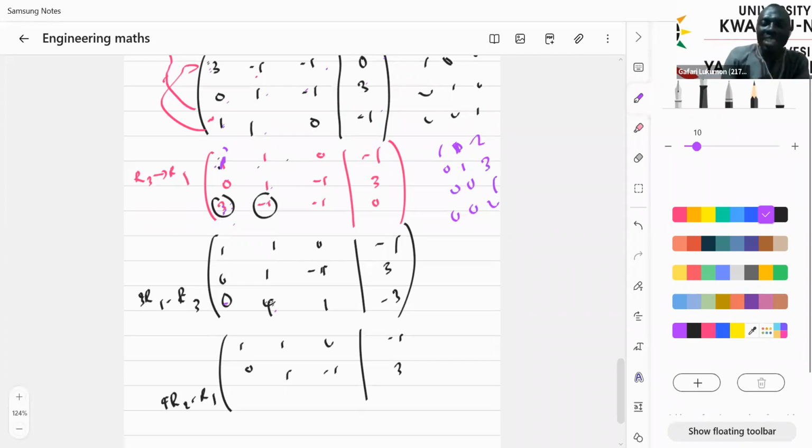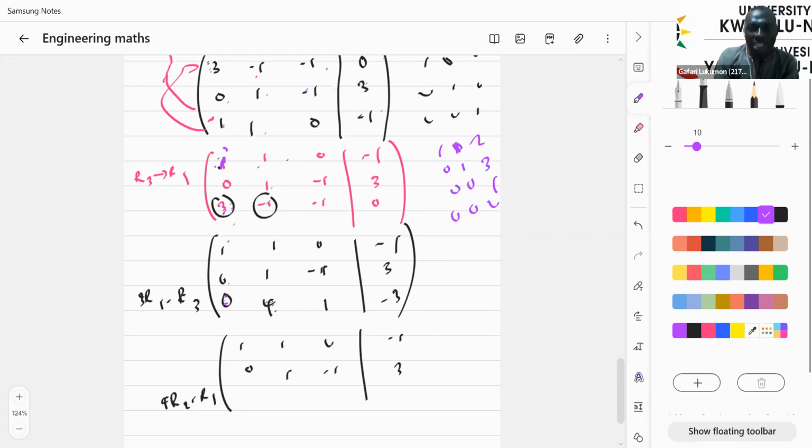Now we want to make this guy to be 0 as well. How do we make it to be 0? Then I'm now advising that if you want to make it to be 0, you have to consider the relationship between row 2 and row 3. Don't use row 1 and row 3. What I used to advise my students is that, to reduce this one, use row 1 and row 2.